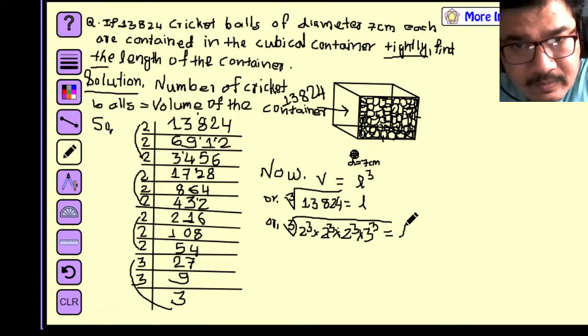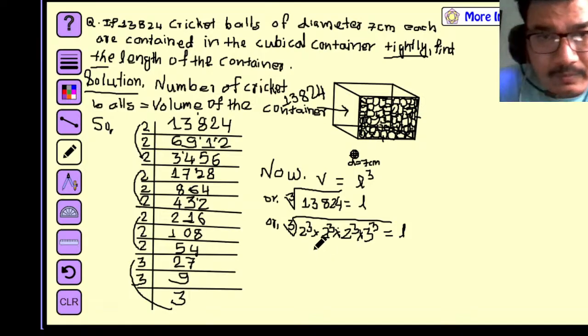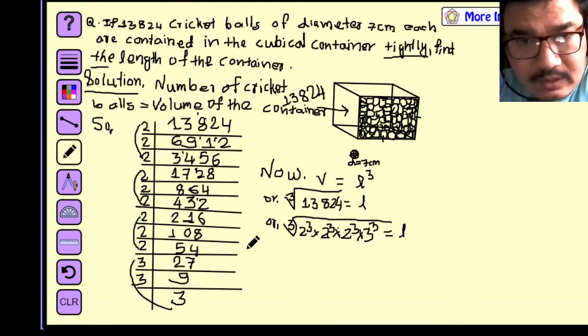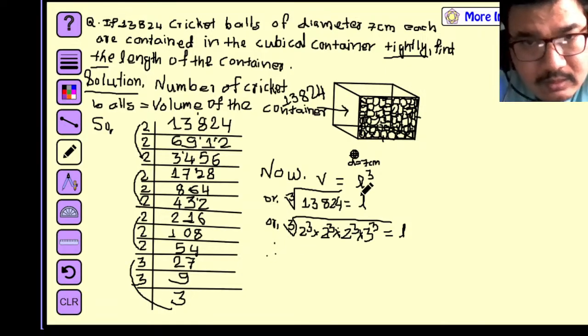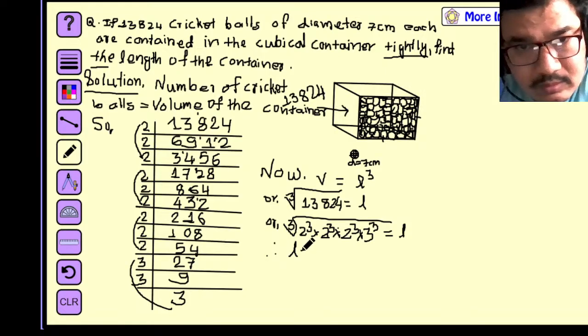Then there is length. Now let's find out what came here. L equals 2 into 2 into 2 into 3.